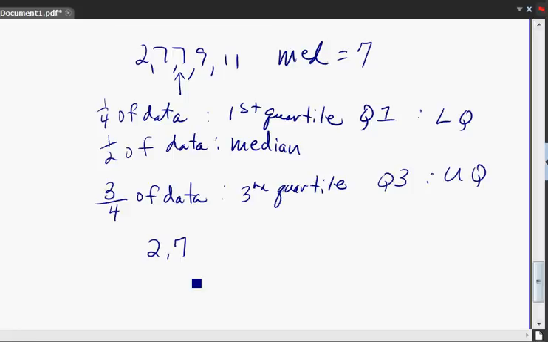The middle number between 2 and 7, there isn't one, so you take the average and get 4.5.